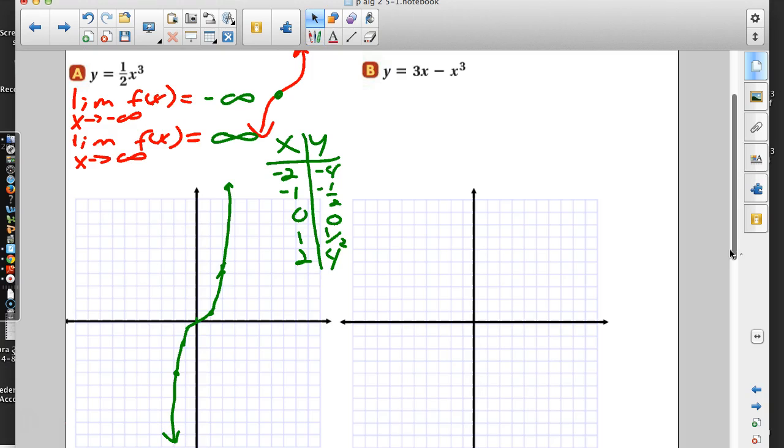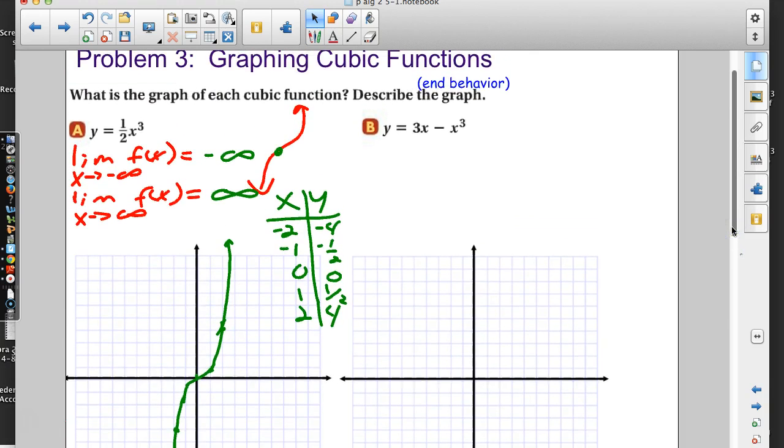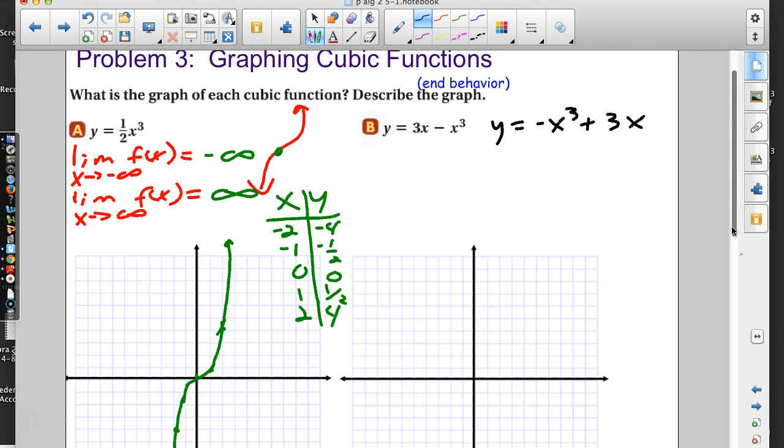All right. Let's go to the next one. Take a look at B. That's not right. Exactly. It's not standard form. So we're going to have to switch those two around and make that -x³ plus 3x. Is that parabola or is that S-curve? It is S-curve. And there is a negative in front of this one.